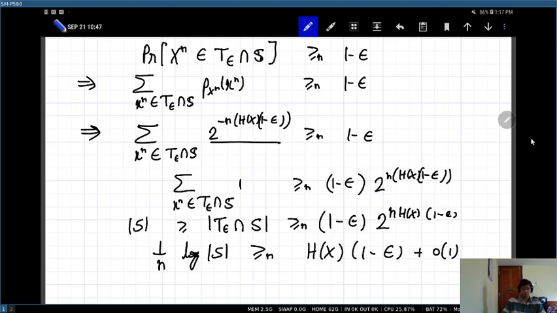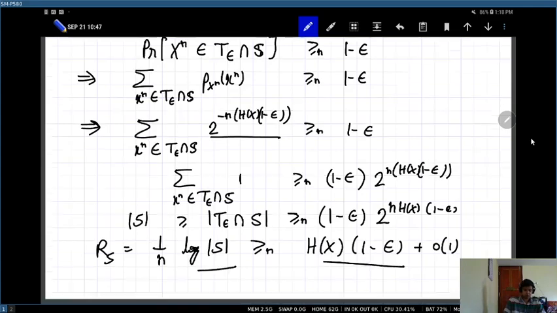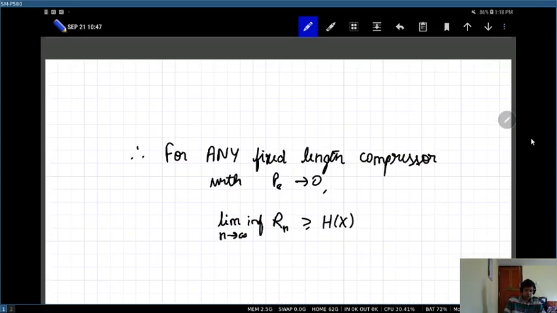So irrespective of what fixed length compression scheme you choose, as long as the compression scheme has a probability of error which is vanishing in n, the rate of the compression scheme is lower bounded by entropy times (1 minus epsilon). So for any fixed length compression scheme with a vanishing probability of error, the rate as n tends to infinity is always greater than or equal to H(X).